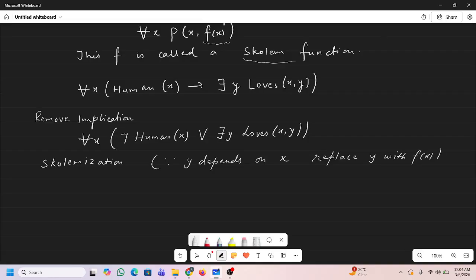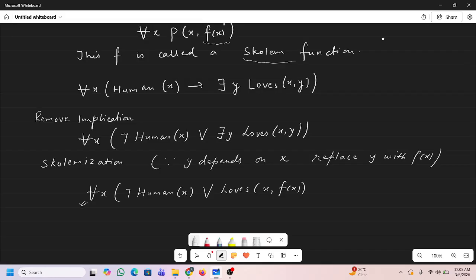So what we will do here is, for all x there exists, and now the existential will get removed, because we have removed the variable y. So it is now not needed.